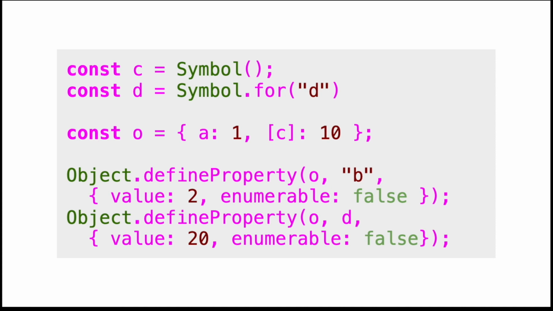So far, so easy. Then on this object, we define a property string B with value 2 and enumerable false. If I define it in an object literal, it's enumerable by default. I also add the fourth value, which is the symbol D. I set the value to 20 and enumerable false. So basically, it's 1, 2, 10, 20. 10 and 20 are for symbols.